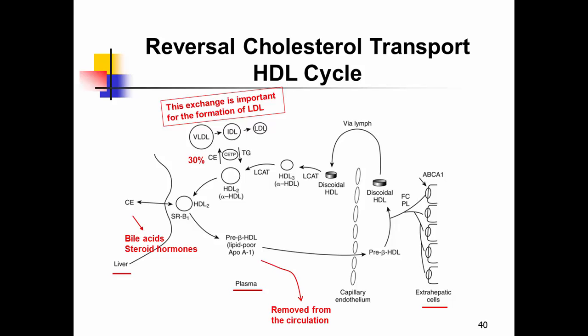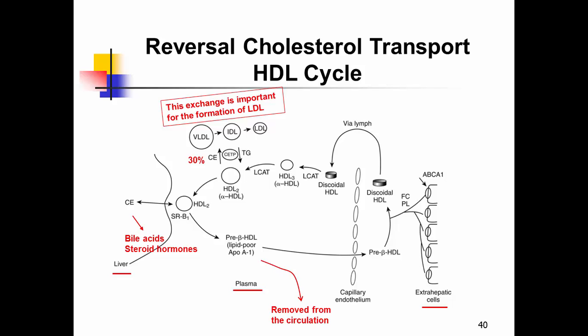So alpha HDL is the lipid-rich lipoprotein. The other thing happening is the exchange of lipids between alpha HDL and VLDL and LDL. Basically, 30% of the cholesterol esters are given from alpha HDL to VLDL and LDL.